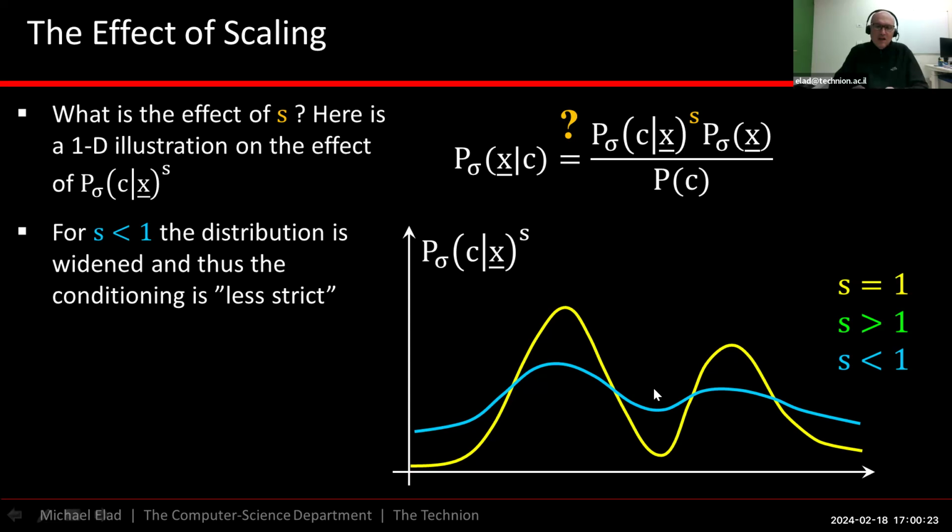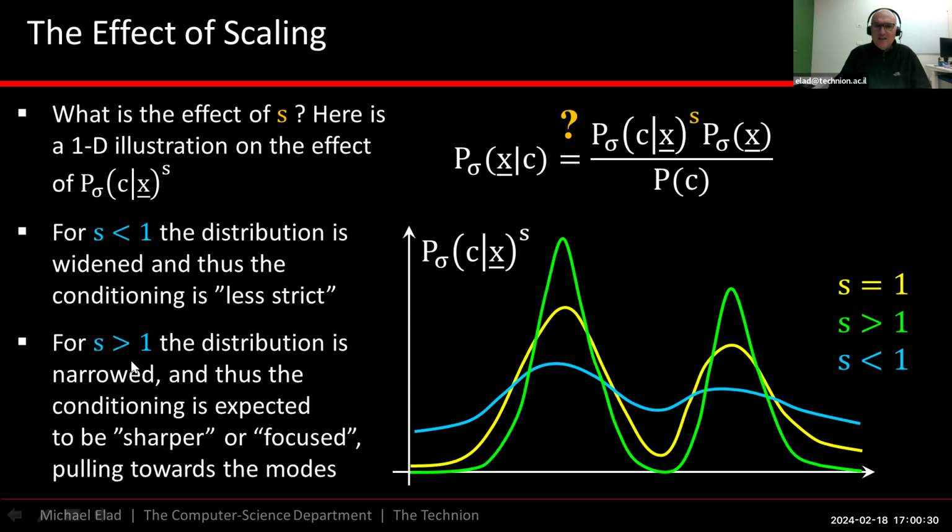And then you are basically reducing the effect of the guidance and letting more freedom to the algorithm. And in the opposite, when S is bigger than 1, you're pushing things up and down more violently, so that it's becoming more extreme. And so it will push most probably to this place here in the area. So you're creating something narrower, sharper, but more pronounced. And so people have been using it and playing with it. And I'll come back to this later on as we move to classifier-free guidance.